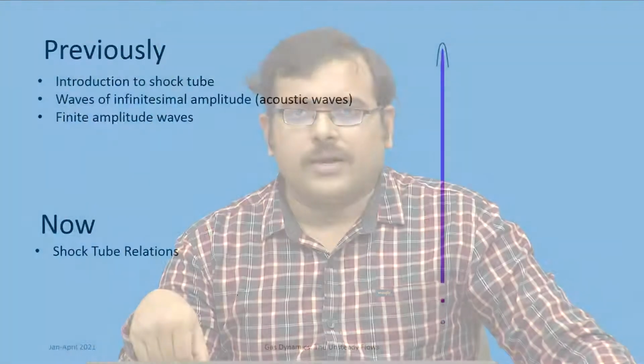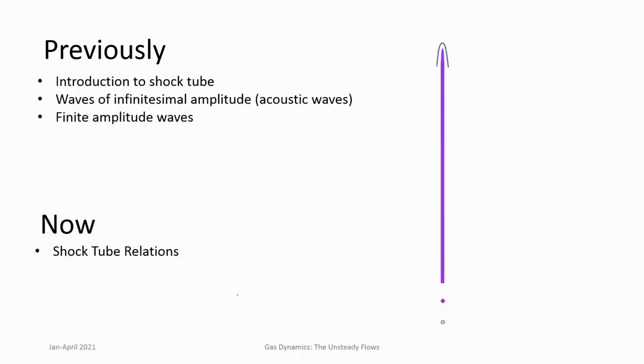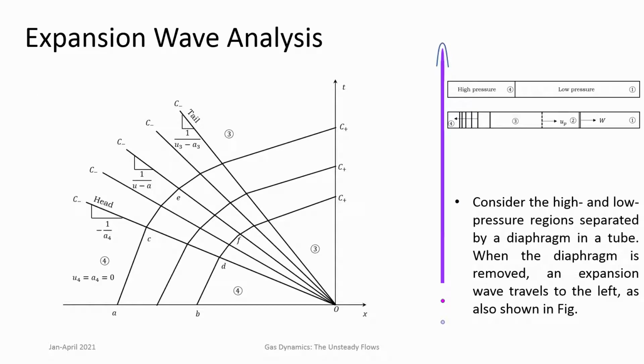These are the C plus and the C minus characteristics respectively. Along C plus characteristics there is a Riemann constant J plus, which is u plus 2a by gamma minus 1, and along C minus characteristics there is another Riemann constant J minus, which is u minus 2a by gamma minus 1.